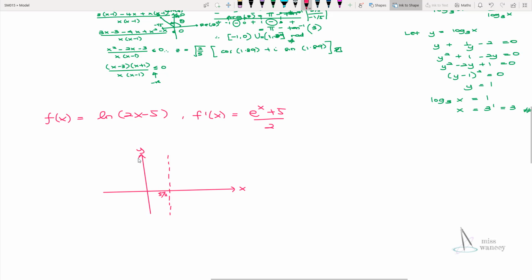Now if you check, the coefficient of the ln is positive, so I do know it should go to the positive and positive. So we're going to start from here and push towards our asymptote, something like this.